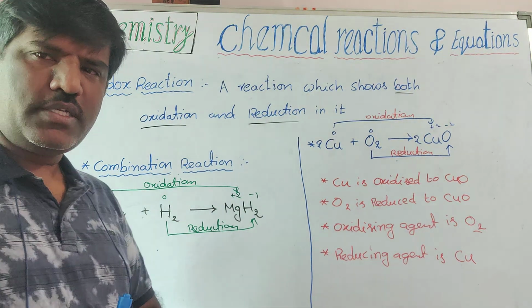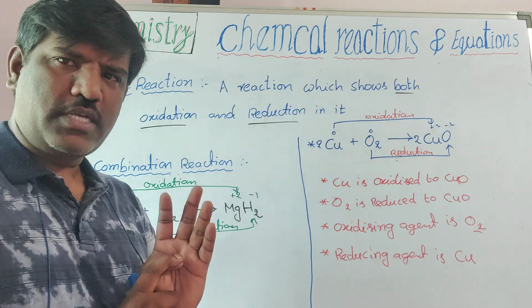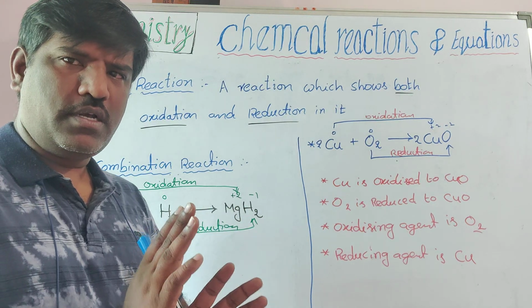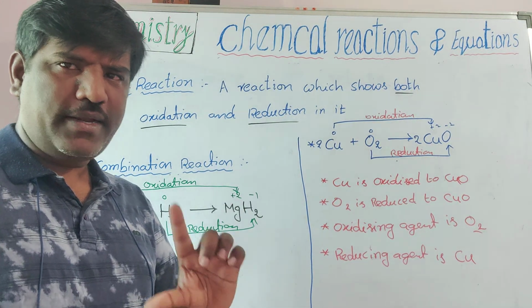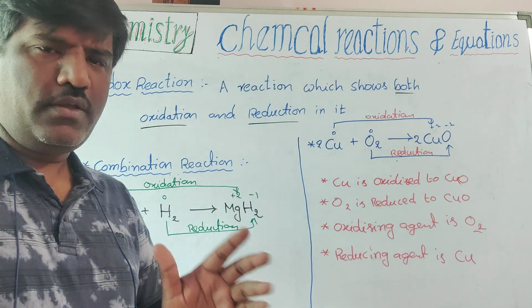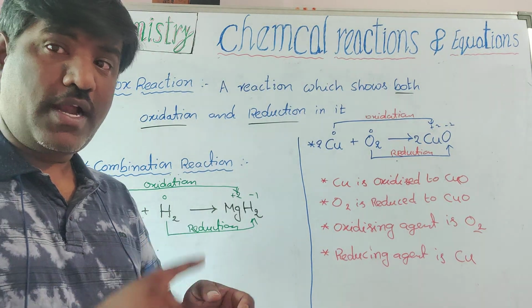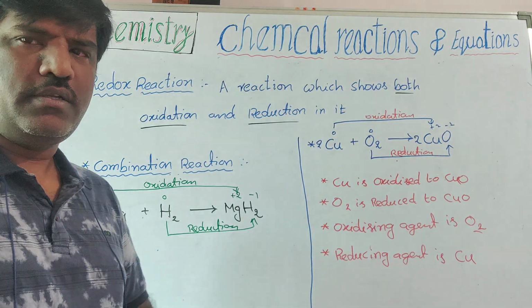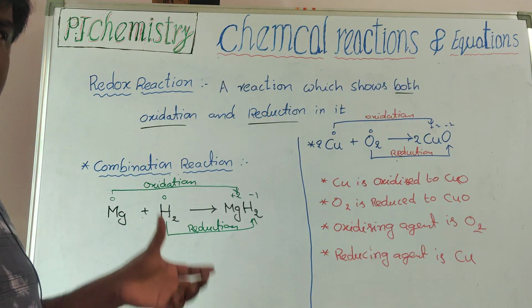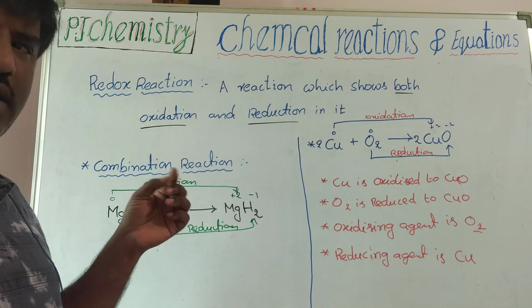Mainly in the combination reaction, to say whether the reaction is oxidized or reduced, at that time you have to see which element is added or removed. Oxygen added means oxidation. Hydrogen added means reduction. Same way, how do you prove the reaction is a redox reaction?